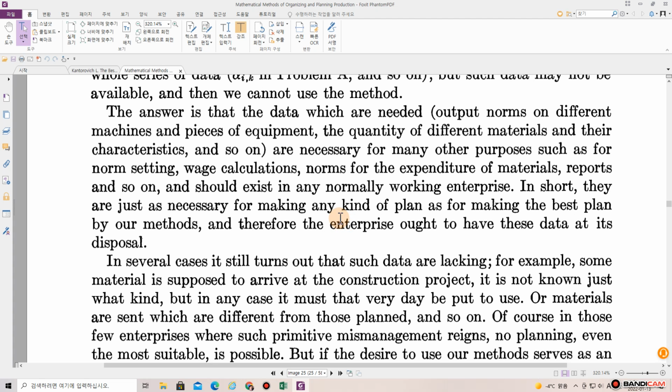In short, they are just as necessary for making any kind of plan as for making the best plan by our methods, and therefore the enterprise ought to have these data at its disposal.